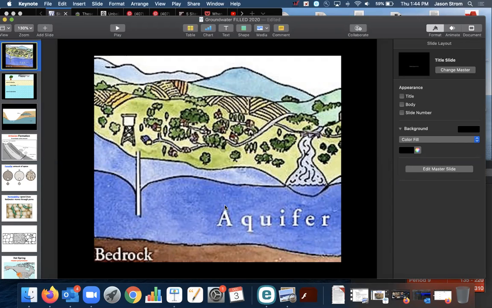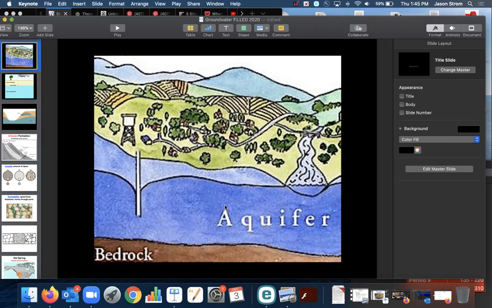Kind of like if you fill a glass with sand and then put water in it to the very surface of the sand and put some more sand in, it would kind of be like that. It's material. It's not just open space where it's filled up with water. You couldn't go down there and swim around or anything like that.